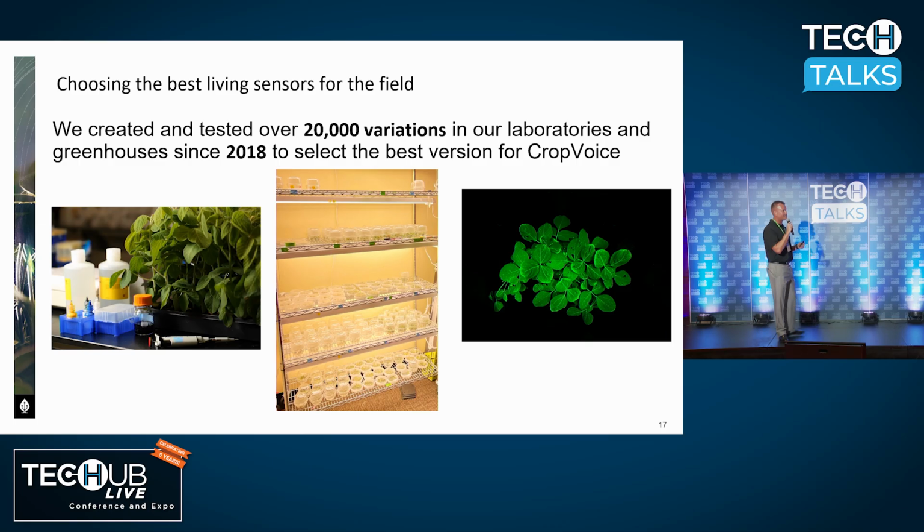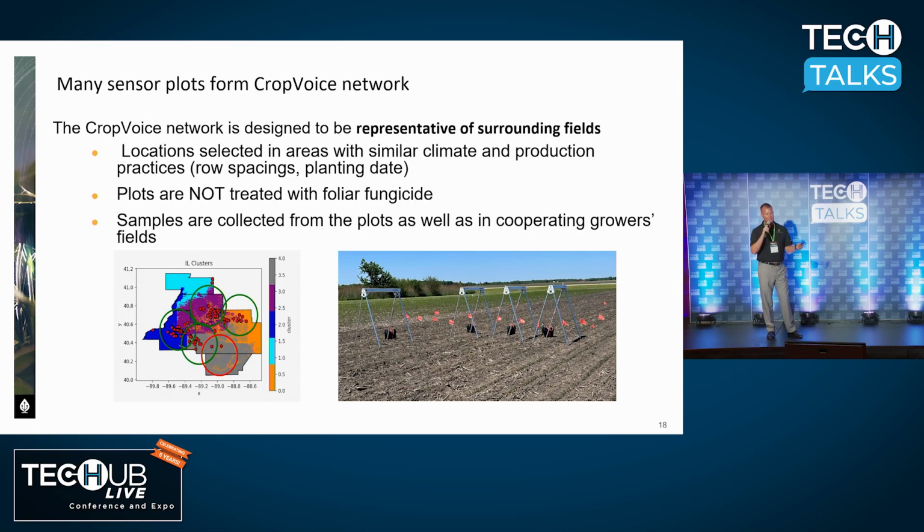We've been able to perfect this so that the trait we are inserting into these genes is specific and timely, and we can see it. We've done that over the last several years by deploying this technology in plots across these three states.